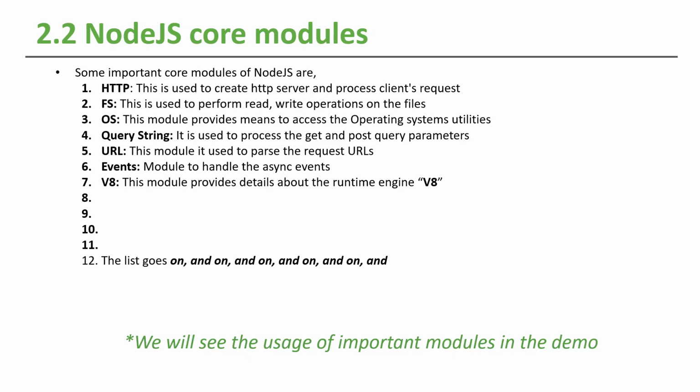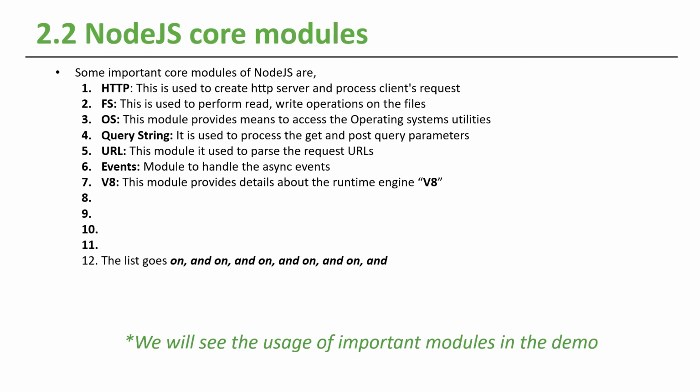You will see that in the code demo. And v8 is another module which contains information about the runtime environment. Like I told you, Chrome has a V8 engine. This module will help us get all the information from the runtime environment.